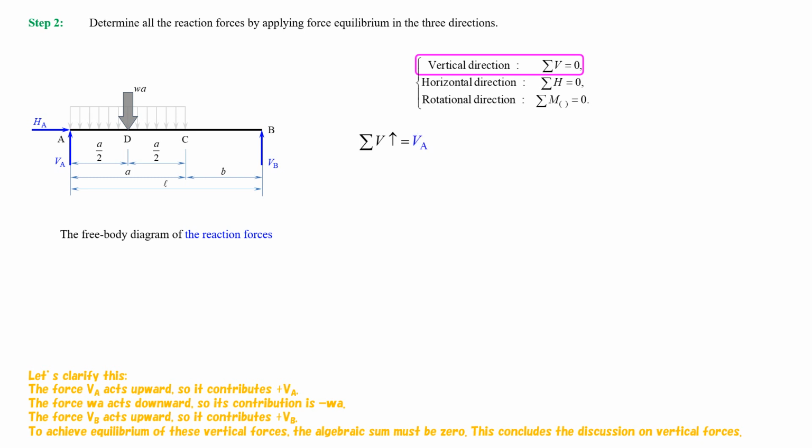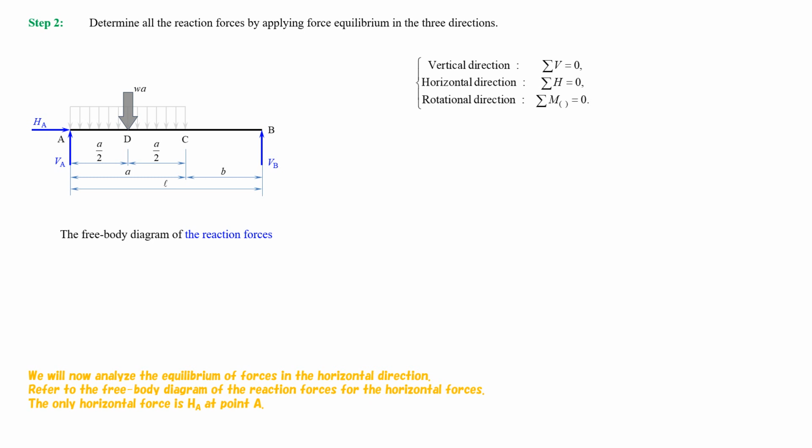The force W multiplied by A acts downward, so its contribution is minus W multiplied by A. The force VB acts upward, so it contributes, plus VB. To achieve equilibrium of these vertical forces, the algebraic sum must be 0. This concludes the discussion on vertical forces.